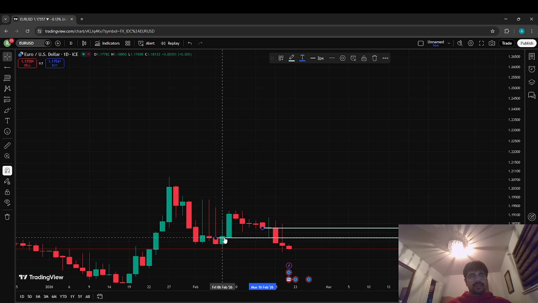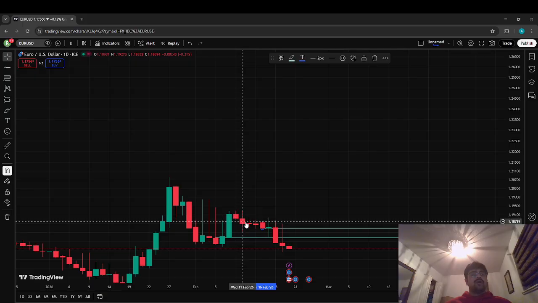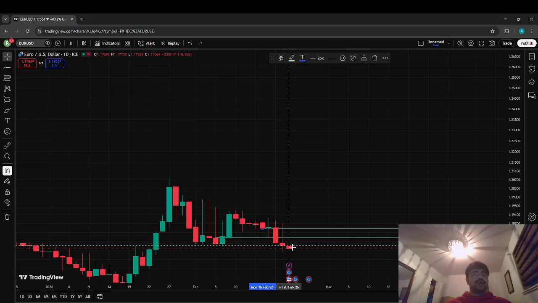So what does that tell us? That right now, this has broken structure upwards. Now this green candle is just confirmation that this is the new benchmark for where structure needs to be broken. Now we go through all this and structure was never broken. Over here we come, another green candle. Now this is the benchmark, and right away structure is broken and we are going on a downtrend.